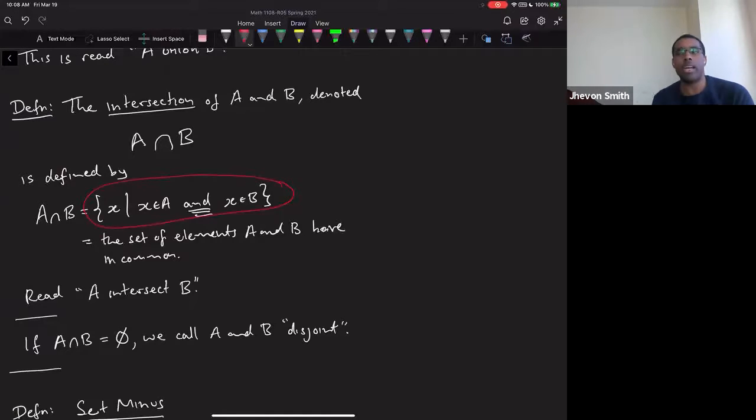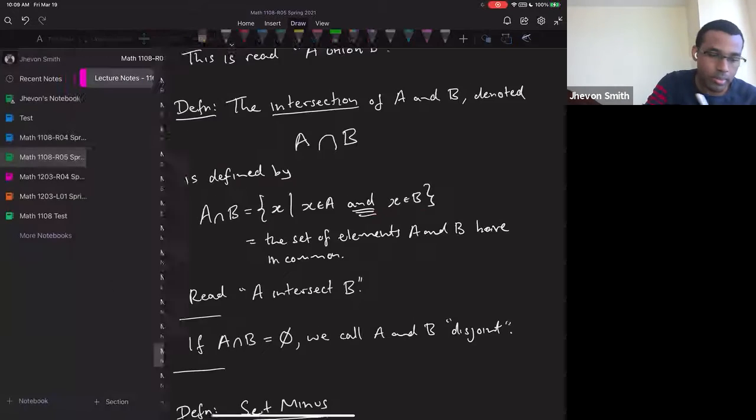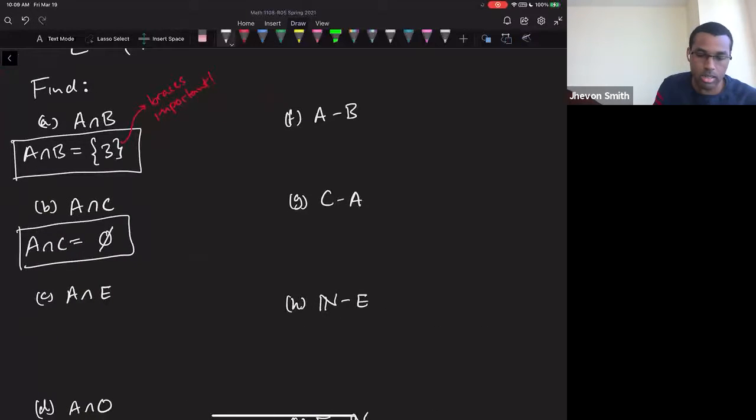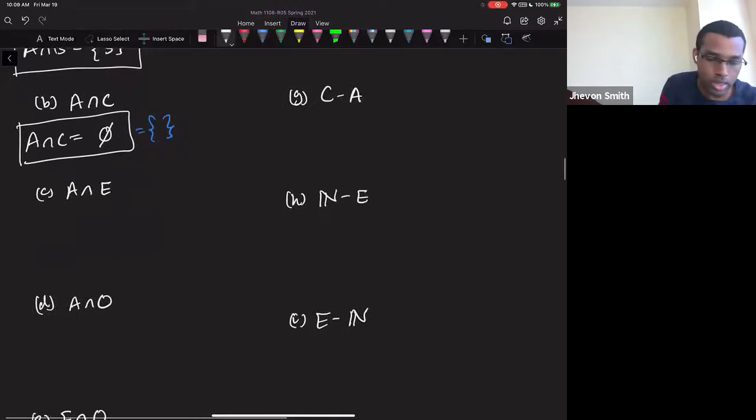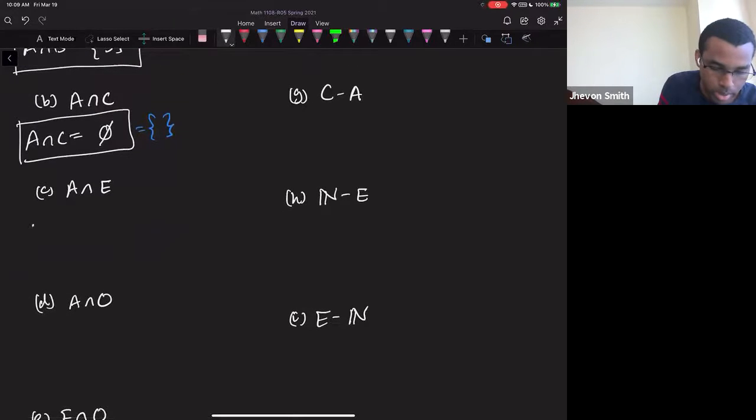So it's not like a phrase like no real numbers. The intersection is a set itself. If your set just has nothing in it, it means the set is empty. So the empty set would be the answer. Or you can write a squiggly bracket pair with nothing in it, but it's more common to write the circle with a slash through it these days.